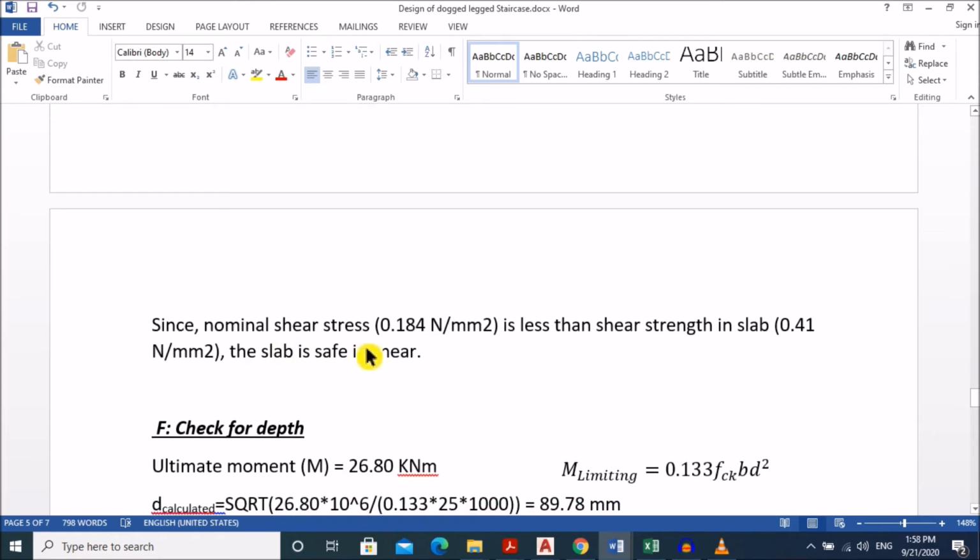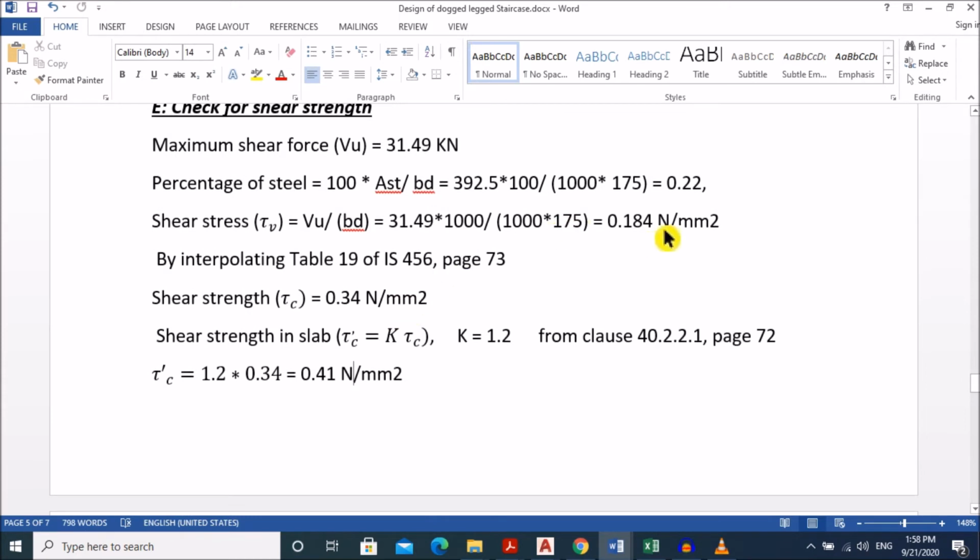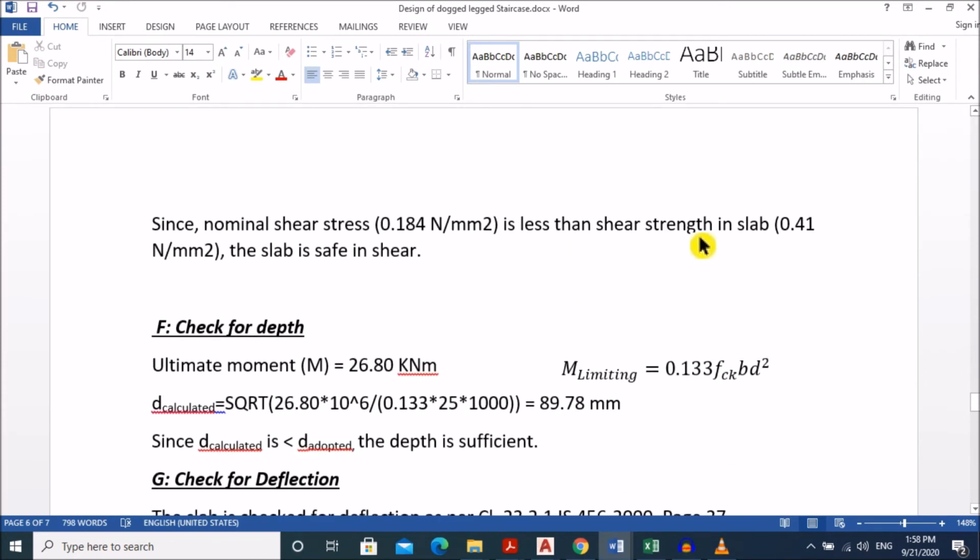Now since the nominal shear stress 0.184 is less than the shear strength of the concrete slab, which is 0.41 Newton per mm square, the slab is safe in shear.